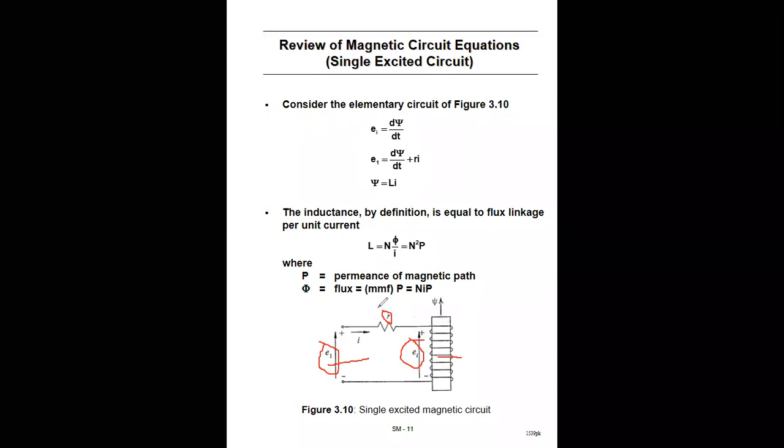The inductance by definition is the flux linkage per unit current. L is equal to N phi by i, which is equal to N squared times P, where P is the permeance of the magnetic path, and phi is the flux, which is N times i times P.